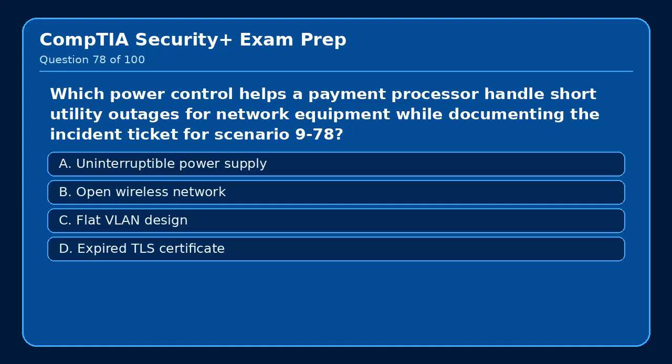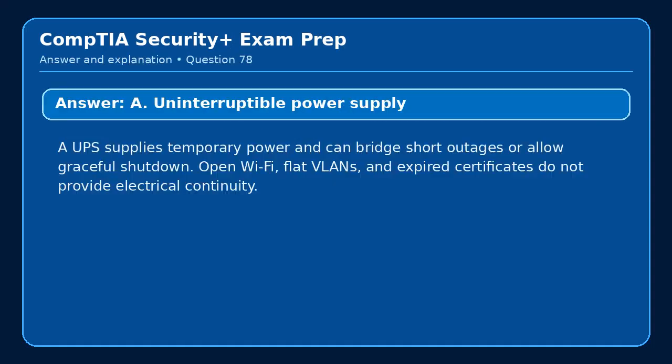Question 81. In a public cloud deployment, which statement about shared responsibility is accurate for a cloud startup during a service reliability review for scenario 9-81? A. The customer maintains the provider's physical data center. B. The provider handles every customer password. C. No one is responsible for identity controls.